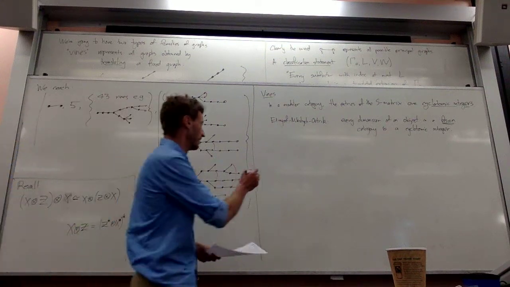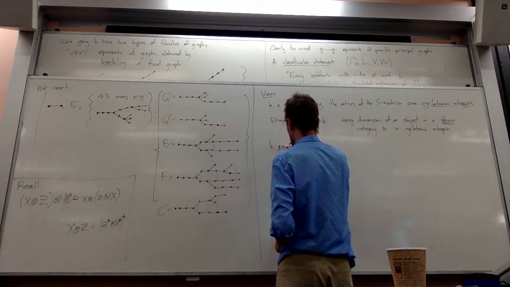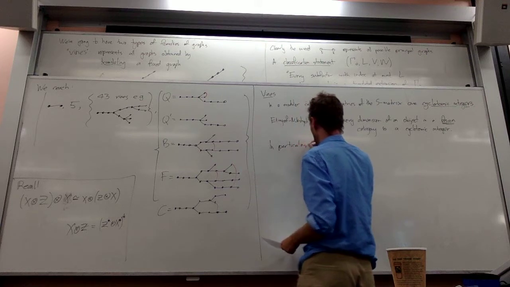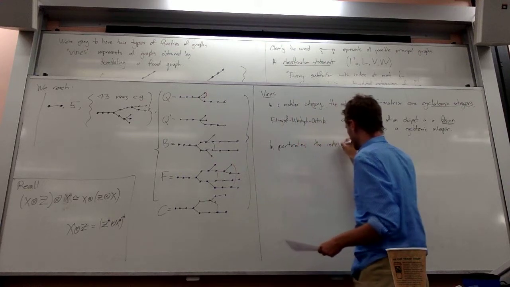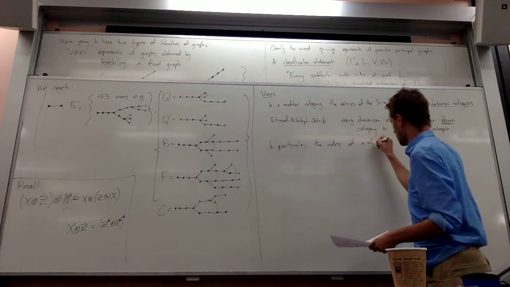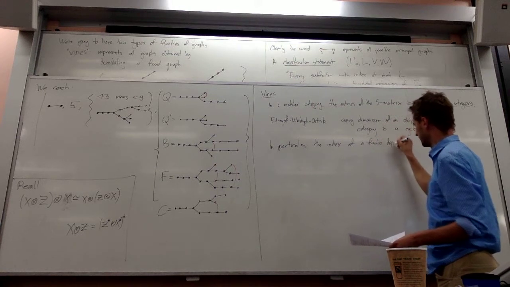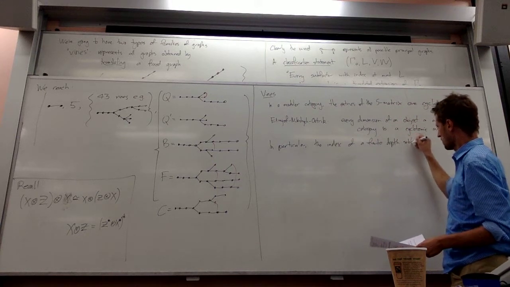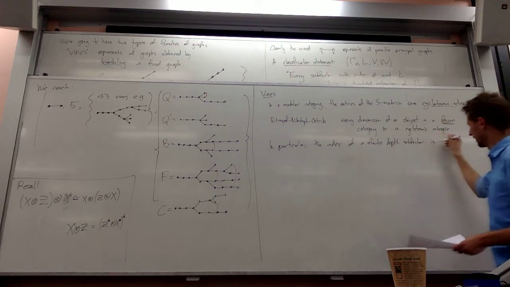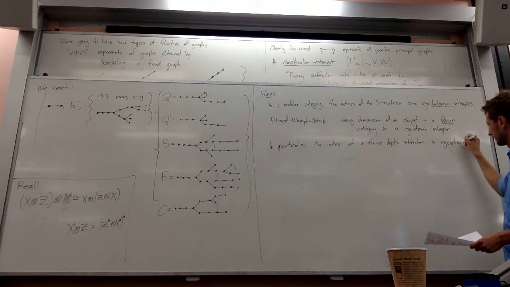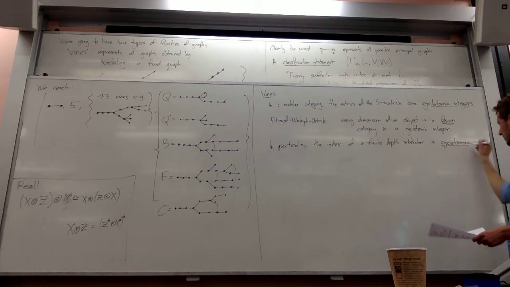And so in particular, the index of a finite depth subfactor is cyclotomic. And this was a giant surprise when subfactor people first heard about this, because no one had really expected there to be much number theory in studying these things.